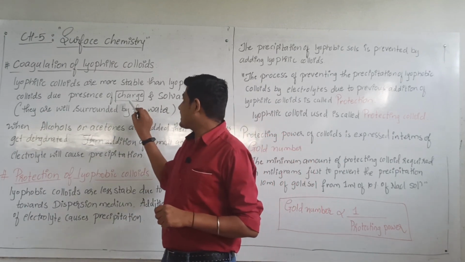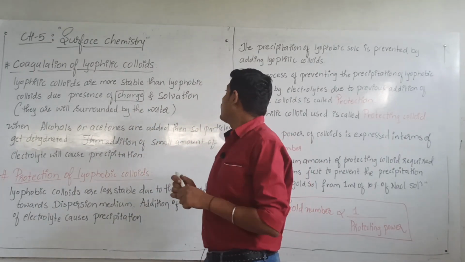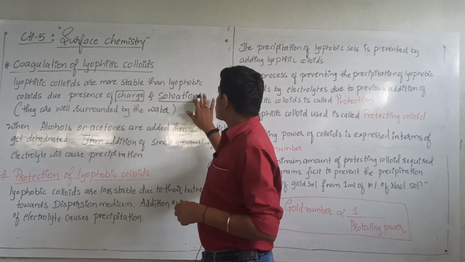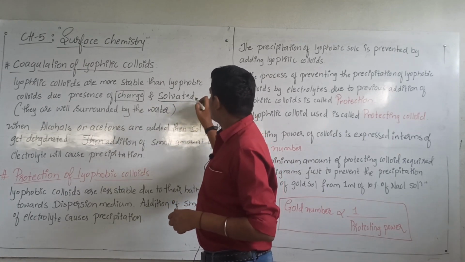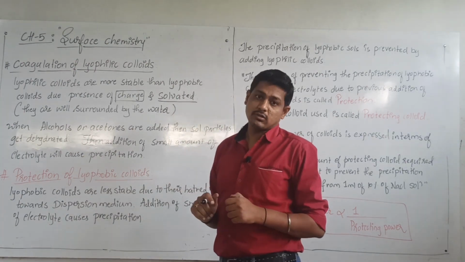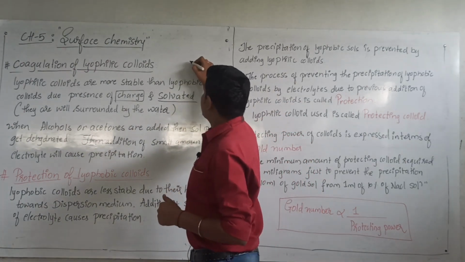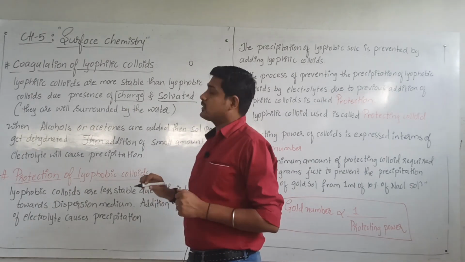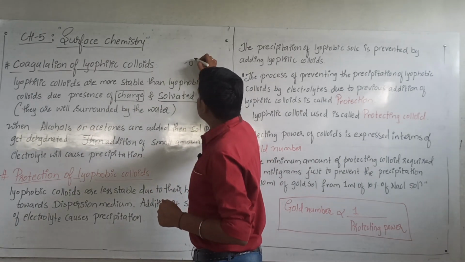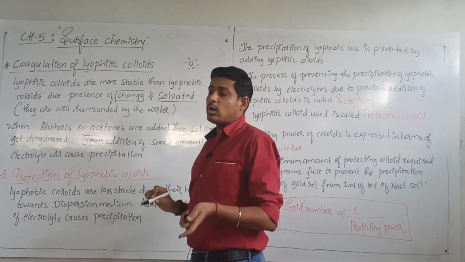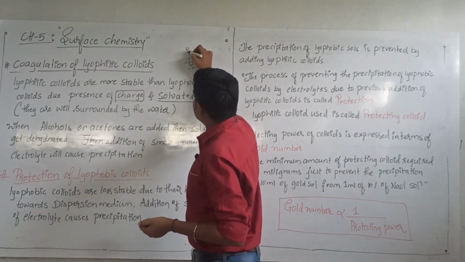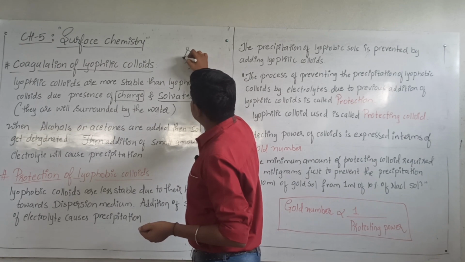Because even though they carry charge, they are solvated. So what is the meaning of solvated? See, now let me consider one colloidal particle here, and if it is negatively charged, like this, solvated means water molecules will surround this like this.